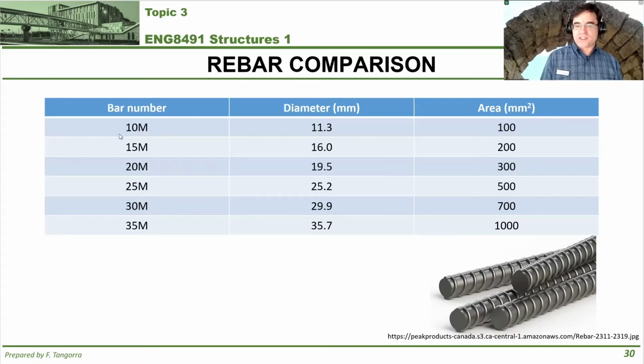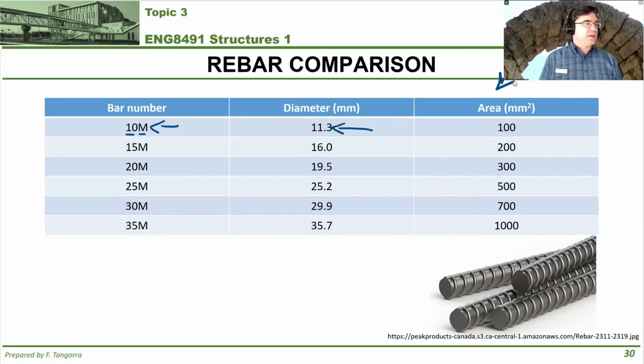The way that it's usually set up is that there is a number followed by the letter M. So this would be read as a 10M bar, then 15M, 20M, 35M, and so on and so forth. And that number before the M refers to the approximate diameter of that bar, in millimeters. So you can see that the diameter, say, of a 10M bar is 11.3 millimeters. And then in this column, I included the cross-sectional area of that bar.